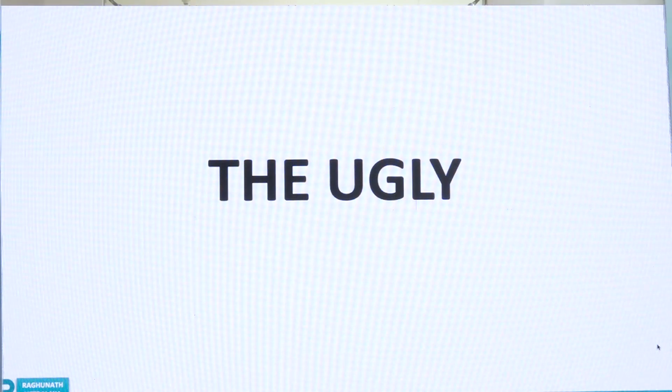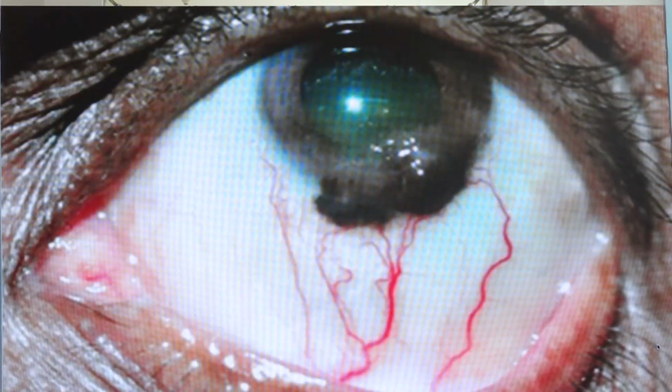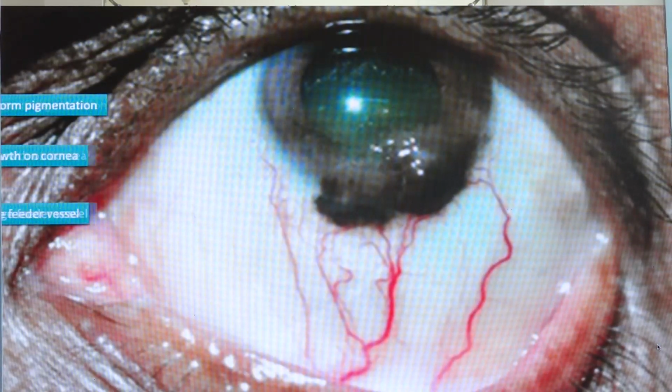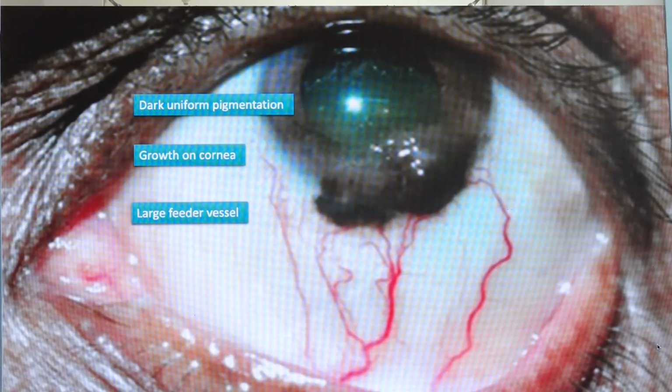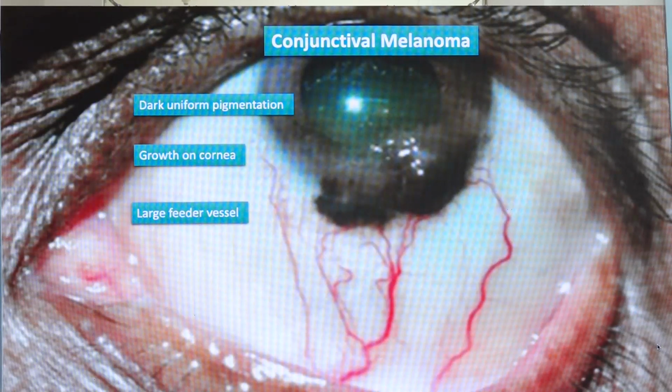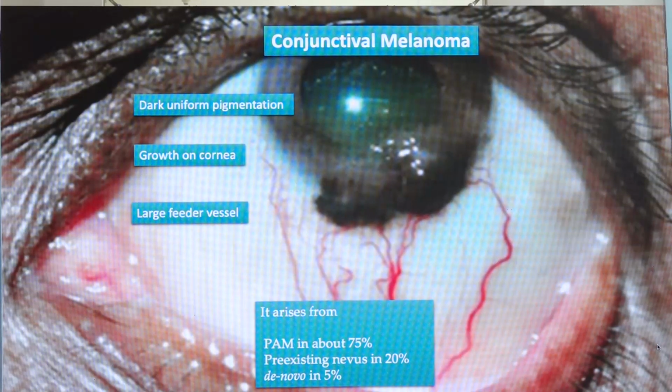Now coming to the ugly lesions. Now you see this kind of a lesion. I gave you a glimpse of the same when I was talking about the nevus part. Your nevus, which is darkly pigmented, growing on the cornea, with feeder vessels, crossing the limbal boundary, is nothing but a conjunctival melanoma. Conjunctival melanoma most commonly comes from your PAM.